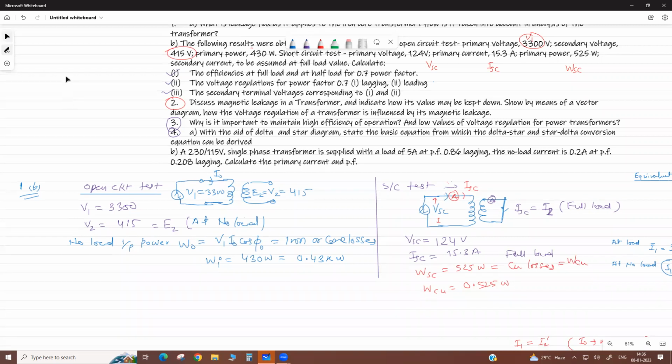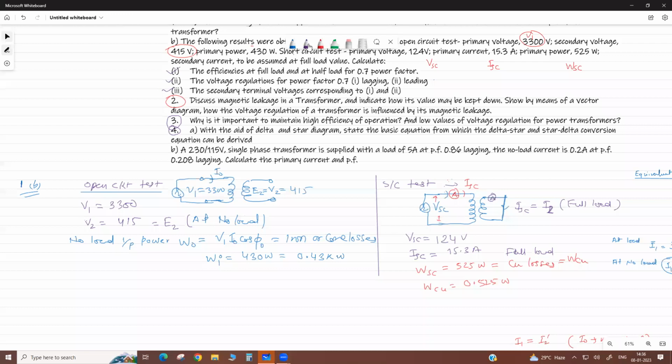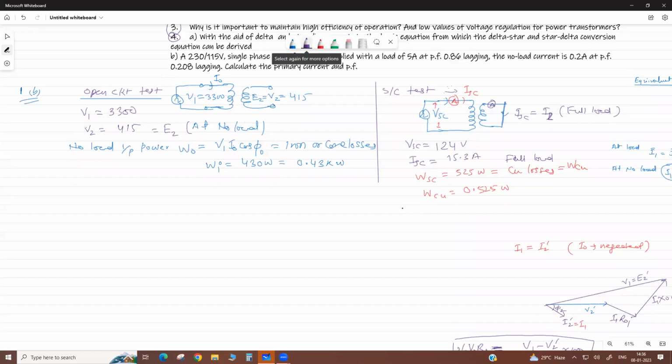Now, from this short circuit data, because these are primary side values, we can also calculate the total equivalent impedance as referred to the primary side. That is the ratio of applied voltage to current.